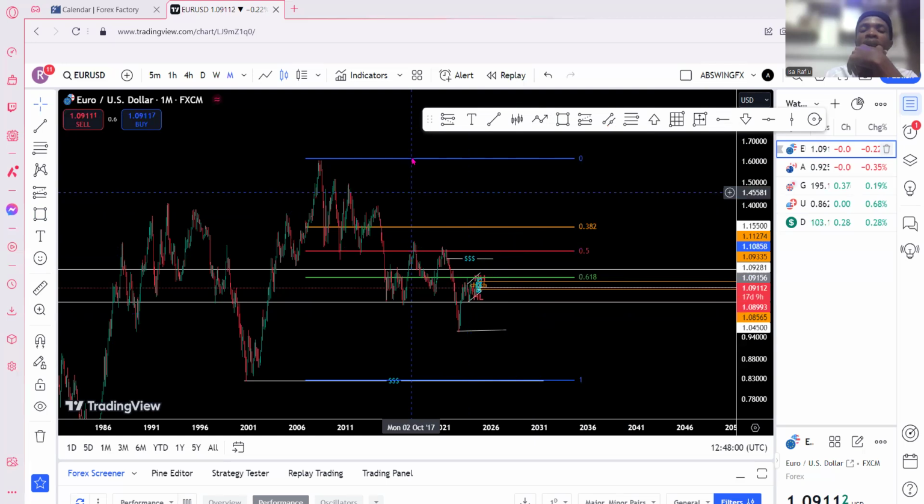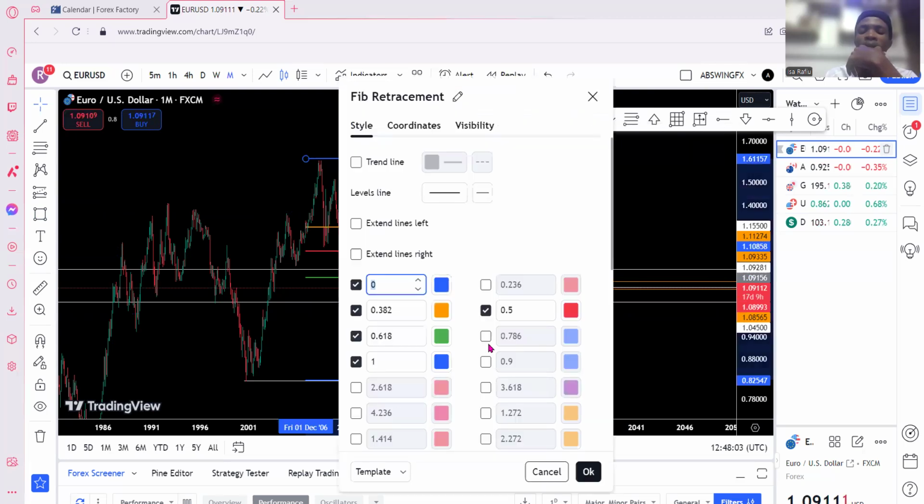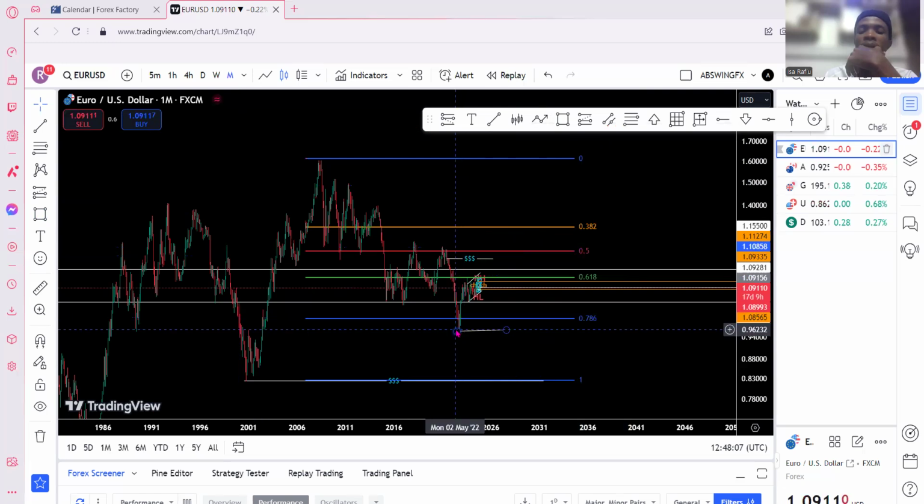Now, let's add the last full pullback to it, which, as you can see, respects the last one, 7, 8, 6 Fibonacci. Now, since it respects and it strips the liquidity that is here, which is very fine, very fine.